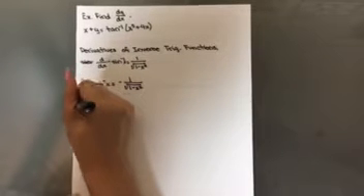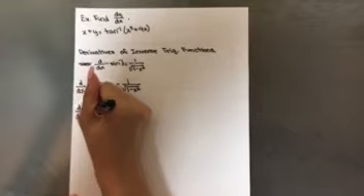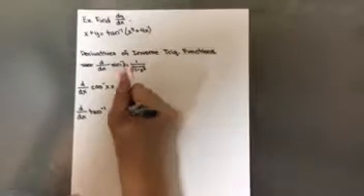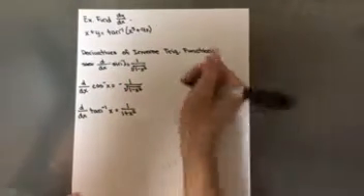And the derivative of the arctangent of x is going to be 1 over 1 plus x squared.